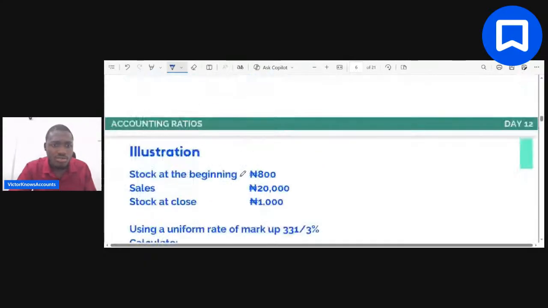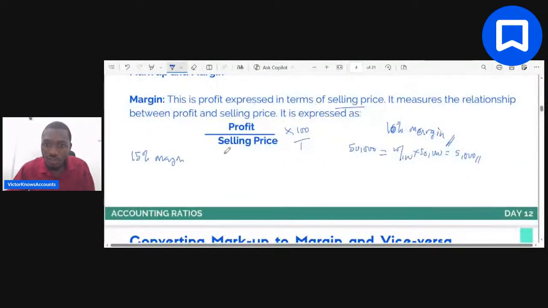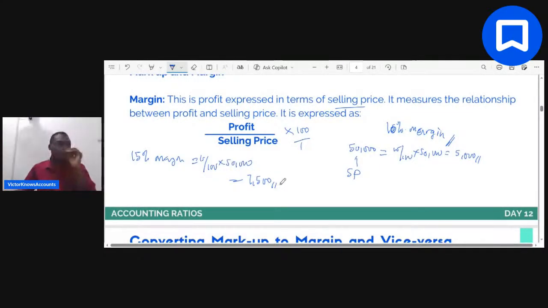When we get there, you would see it. So 15% margin on 50,000, don't forget 50,000 is selling price in this case. That will now be 15 over 100 multiplied by 50,000. 0.15 times 50,000. That's 7,500 naira. So you must make a profit of 7,500 naira.